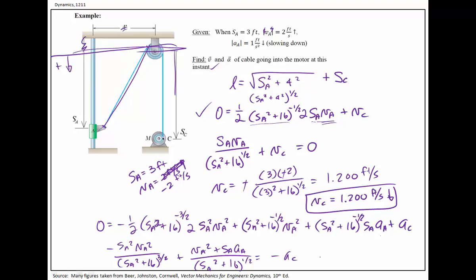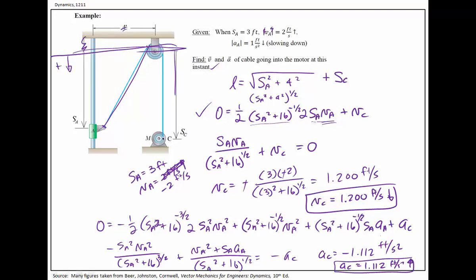If we put the numbers in, AC is going to be equal to -1.112 feet per second squared, and therefore AC is equal to 1.112 feet per second squared, but it's negative, therefore it's going upwards.